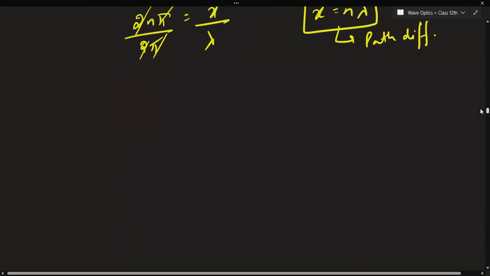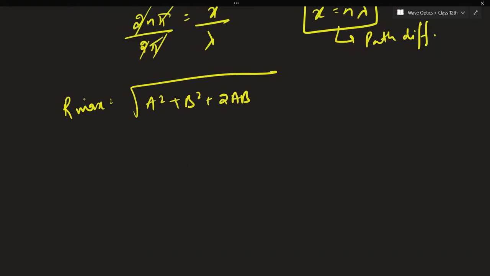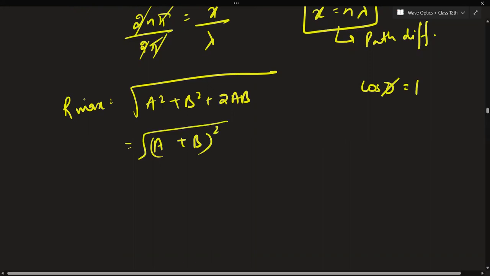You can even calculate the resultant amplitude. If you write R maximum, a square plus b square plus 2ab will still be left, because cos phi is equal to 1. So this much will be left. This will be a plus b whole square under root, that is equal to a plus b.